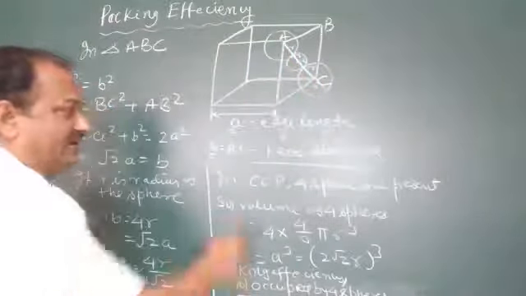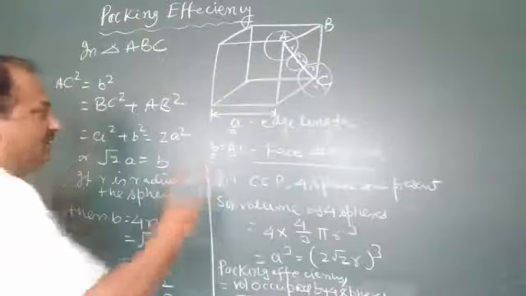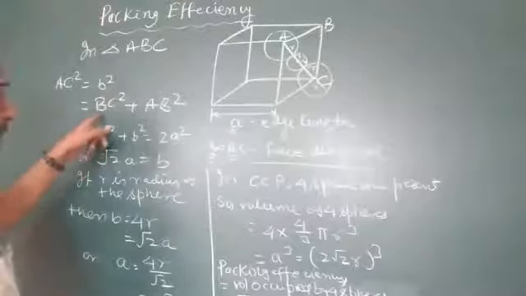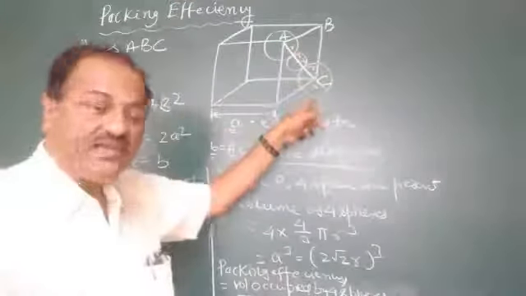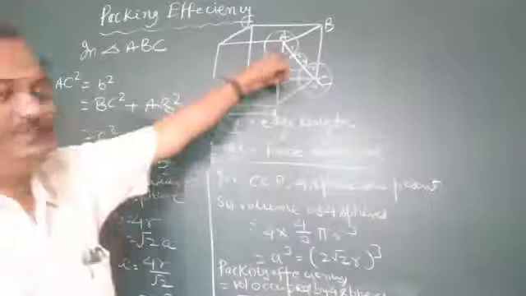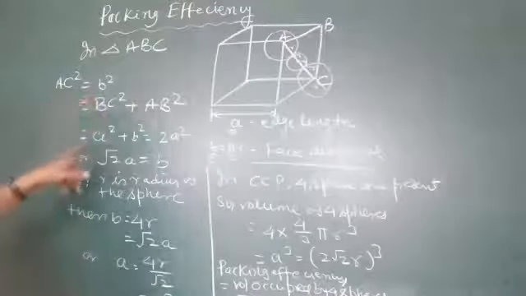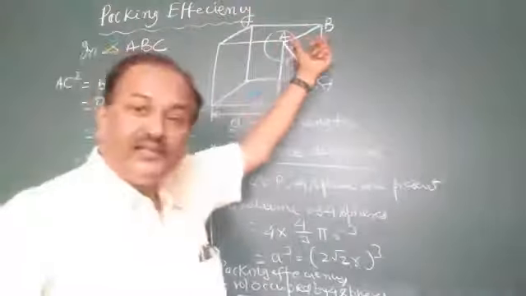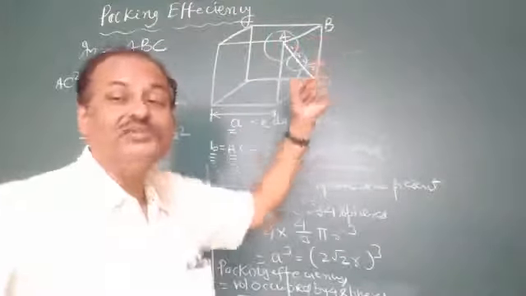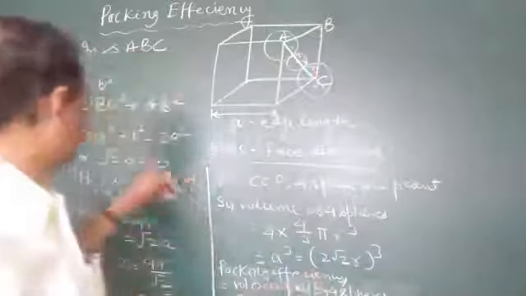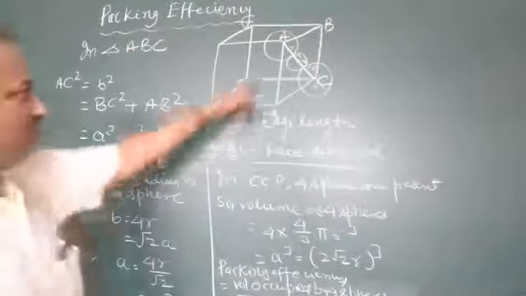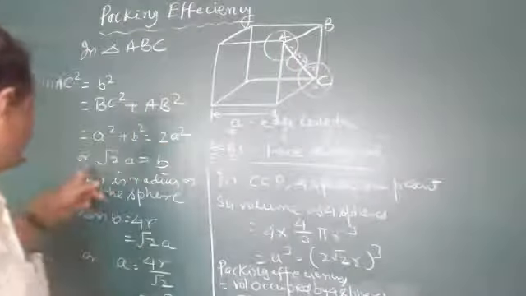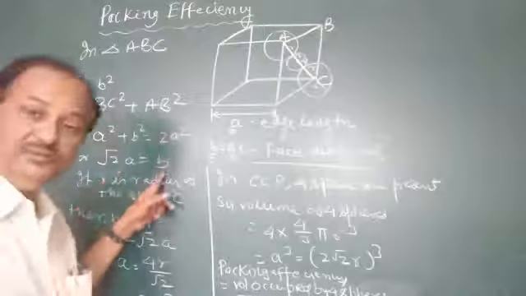So BC square plus AB square is equal to AC square. BC is nothing but the edge length, because in a cube all the edges are the same. So a square plus a square, this is the face diagonal, and so it is equal to 2a square, or root 2 a is equal to b.